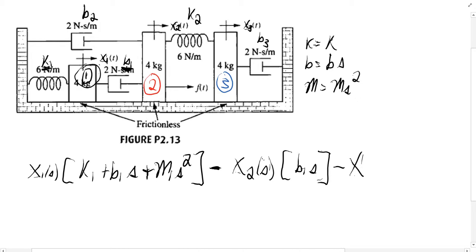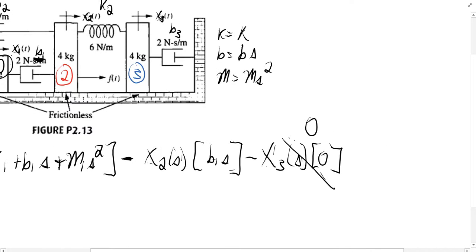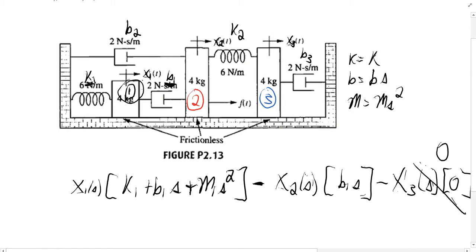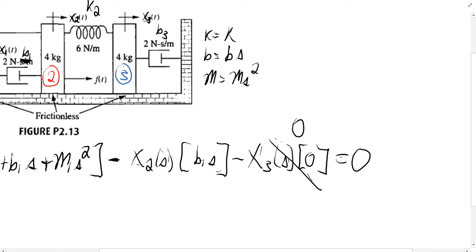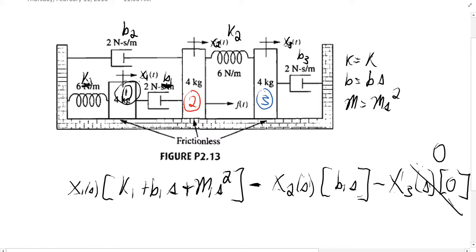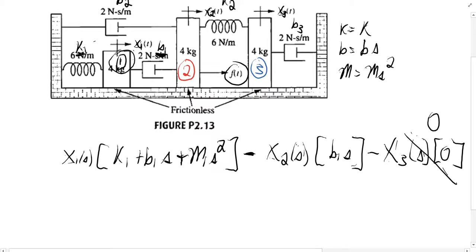We are gonna also subtract X3 of S and see what components are being shared by the first mass and the third mass, and since there are no components, this is just a 0, so we can just get rid of this whole thing and set this equal to the input into the system. And since we have no inputs, we can just set this equal to 0. Since there's no inputs anywhere here, the only input we have is right here. So this is our first equation for the mass spring systems.